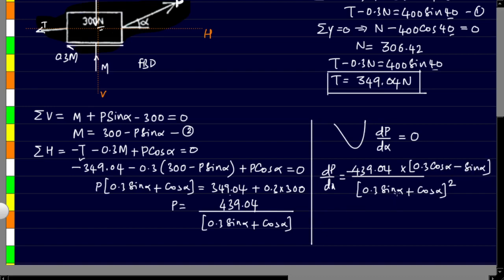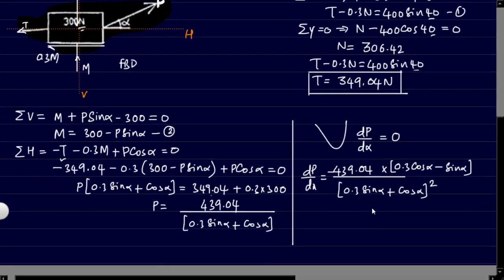So this total, we have to equate it to 0. Now when we send the denominator to the other side, this gets completely cancelled, and we are just left with a value in the numerator. So this value is equal to 0.